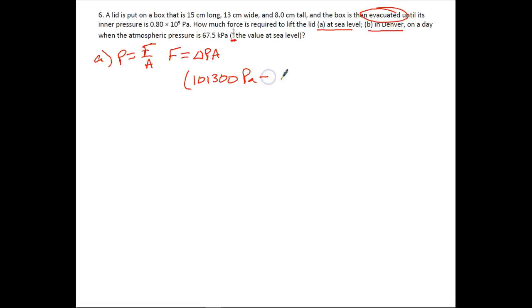And we're going to subtract off 0.8 times 10 to the 5th pascals. So that's what the inner pressure is. So outer pressure minus inner pressure times the area, which is 0.15 times 0.13. And so when you do your math, you should end up with about 420 newtons of force.